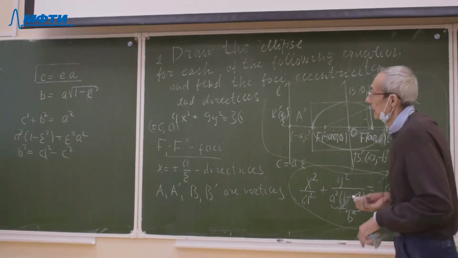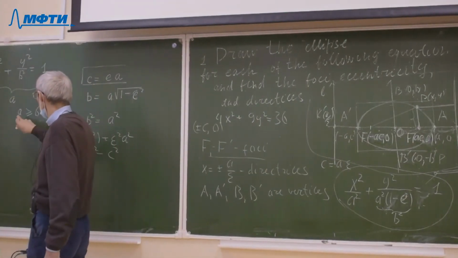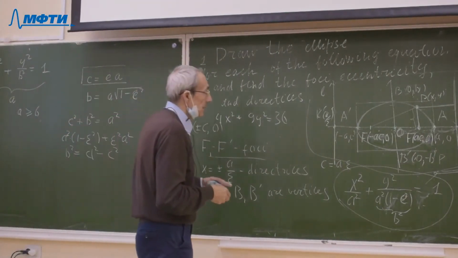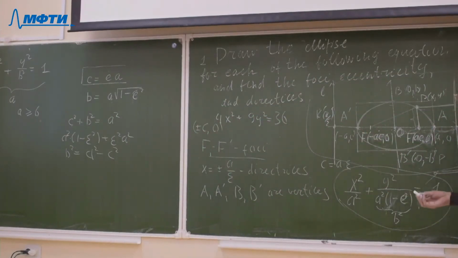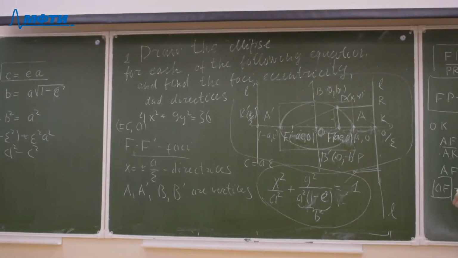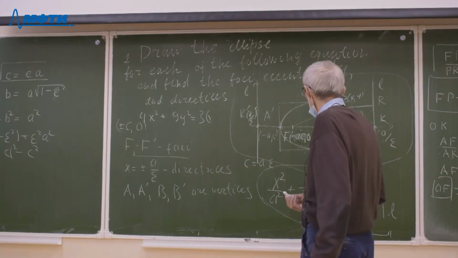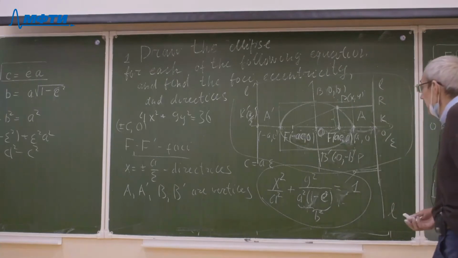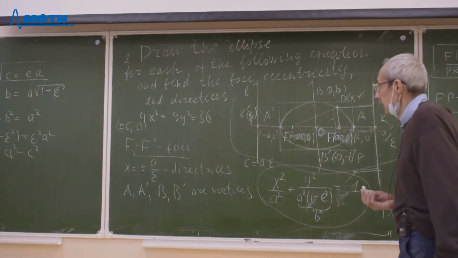In the opposite case, if B is greater than A, we can change the coordinate axes and obtain this canonical picture where A is greater than or equal to B. In this case, we have this conic section which is called the ellipse.